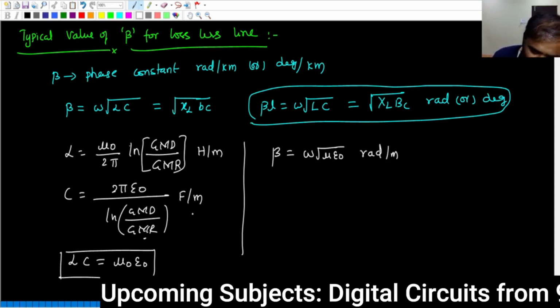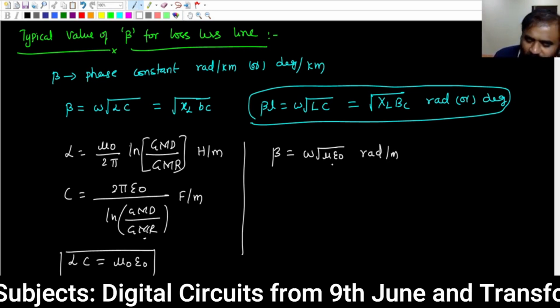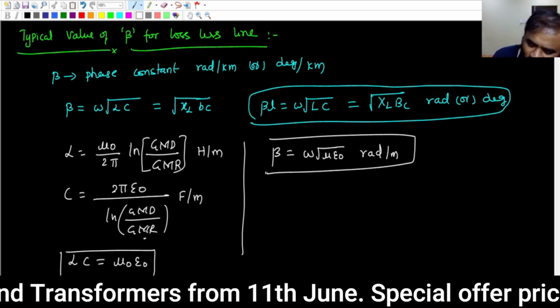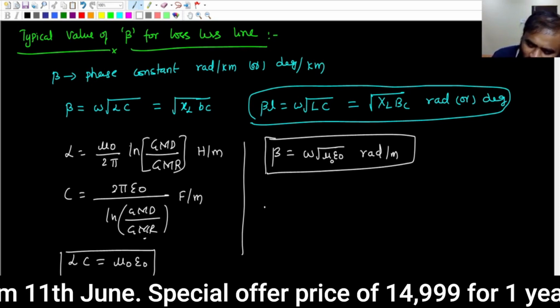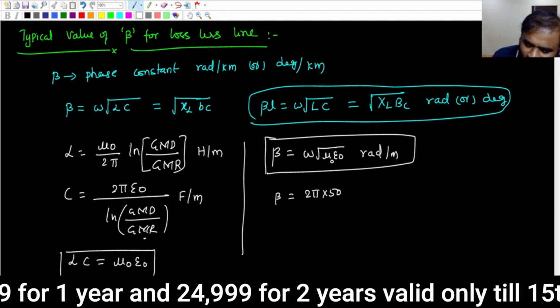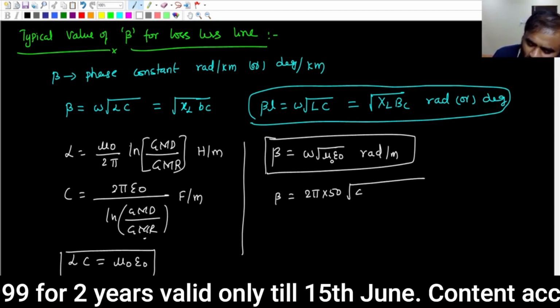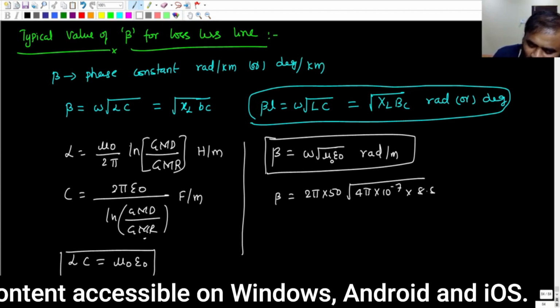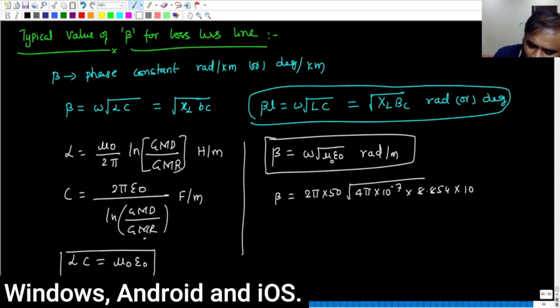Why? This is by default in what? Meter per meter. That's fine. Okay, clear? Now you substitute mu naught and epsilon naught and tell me the value. Omega is 2 pi into 50, into root over 4 pi into 10 power minus 7 into 8.854 into 10 power minus 12.